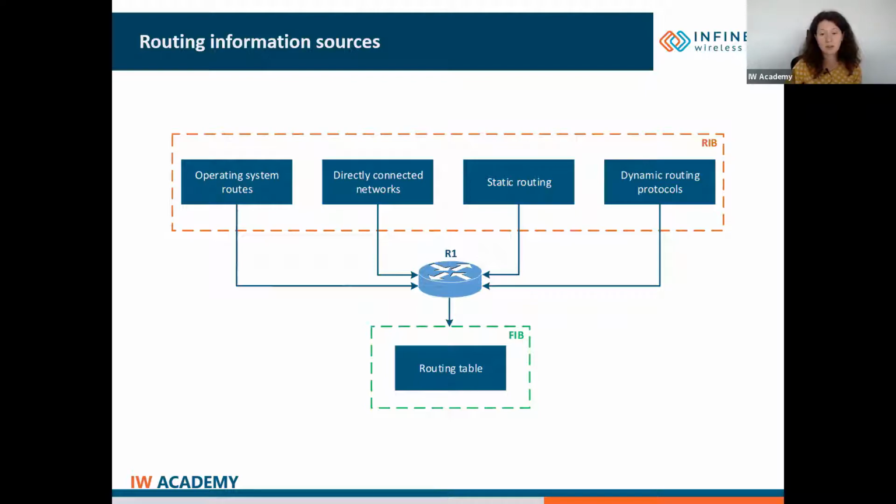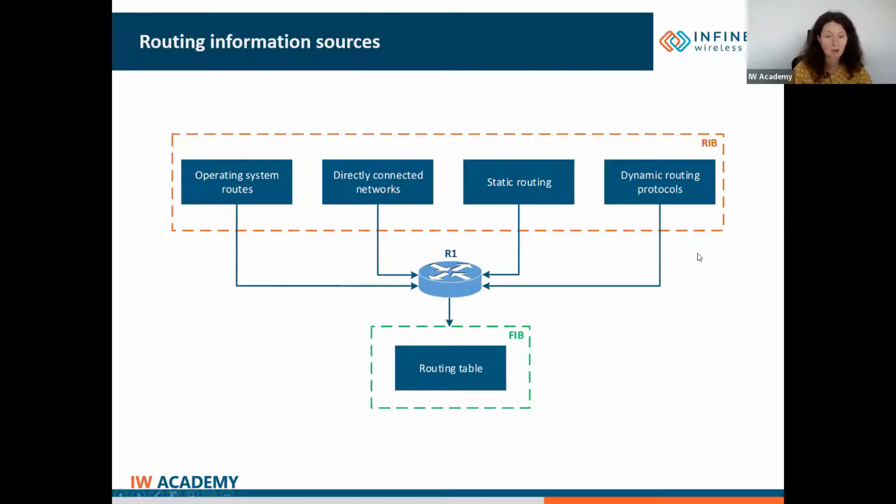The interfaces of the devices will use IP addresses from these connected networks. Another source are the static routes, which are routes that are manually added by the network administrator. And last, we have the dynamic routing protocols, like, for example, RIP, OSPF, BGP, that we will detail in our next webinar.